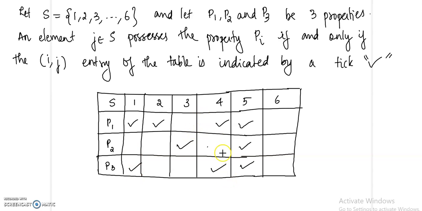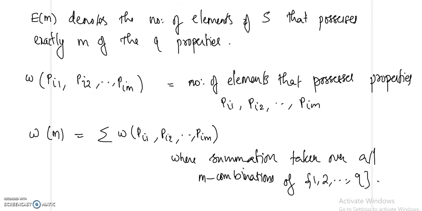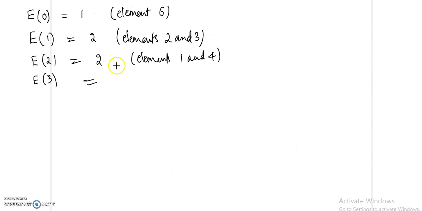That is 1 and 4, so that is again equal to 2. Now the number of elements which possess exactly 3 properties: there is only one such element, that is 5. So the answer is 1. That is the value of E of 0, E of 1, E of 2 and E of 3.